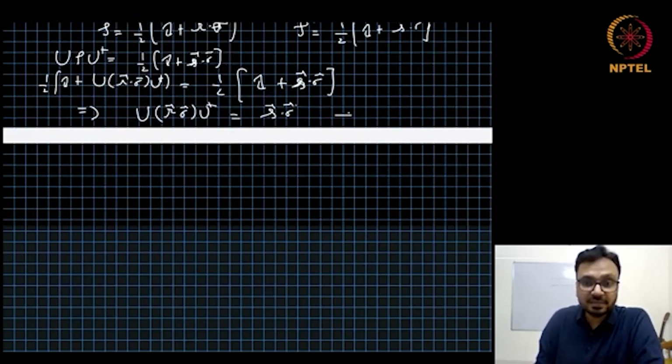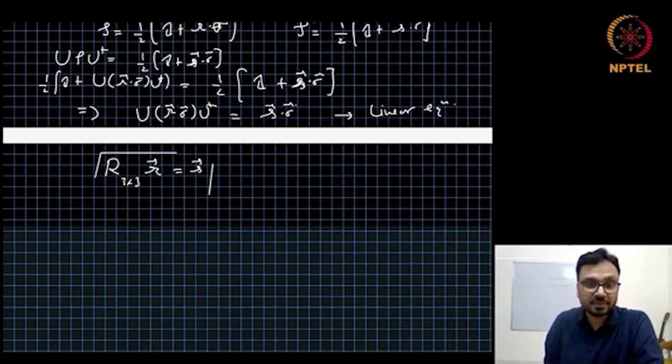Now this is a linear equation. It means we can always find a matrix R, which is a 3 by 3 matrix, which acts on a three-dimensional real vector and gives us a three-dimensional real vector. This R matrix belongs to special orthogonal 3 by 3.